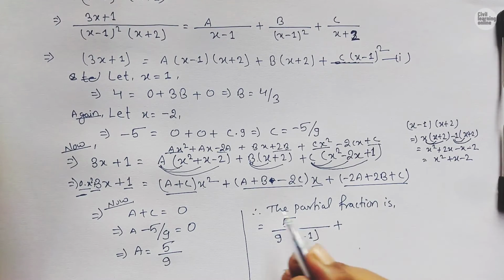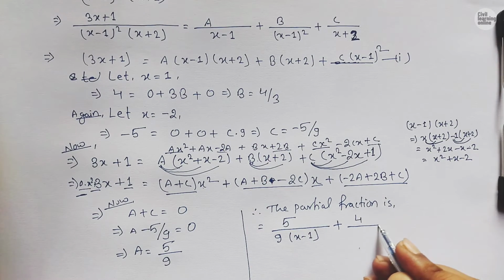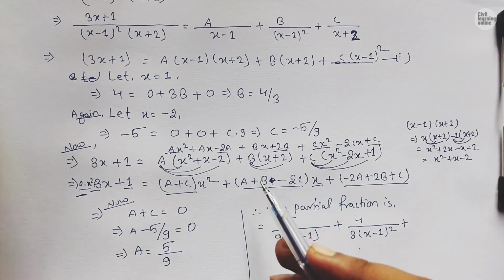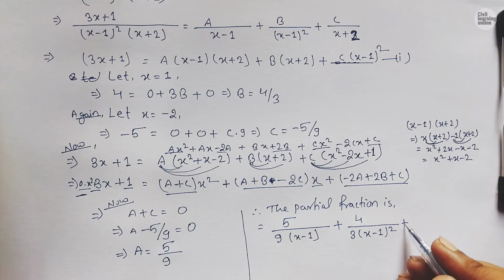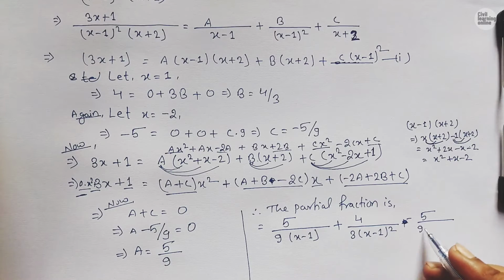Similarly we have plus b, value of b is 4 by 3, so 4 by 3 times x minus 1 whole square, plus we have value of c, that is minus 5 by 9, so minus 5 by 9 times x plus 2. This is our final answer.